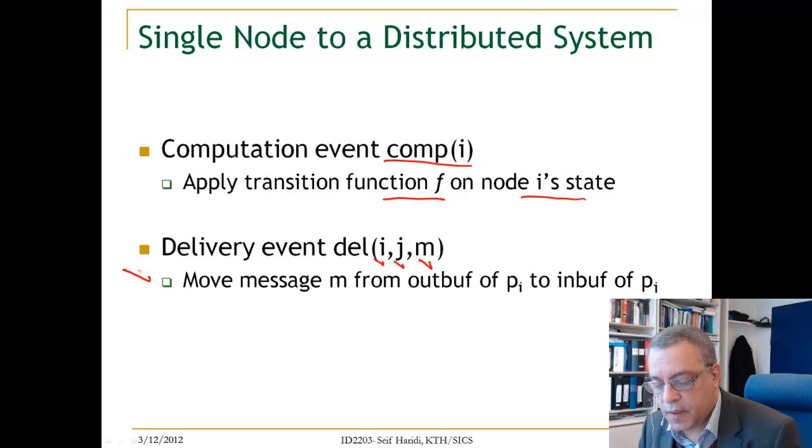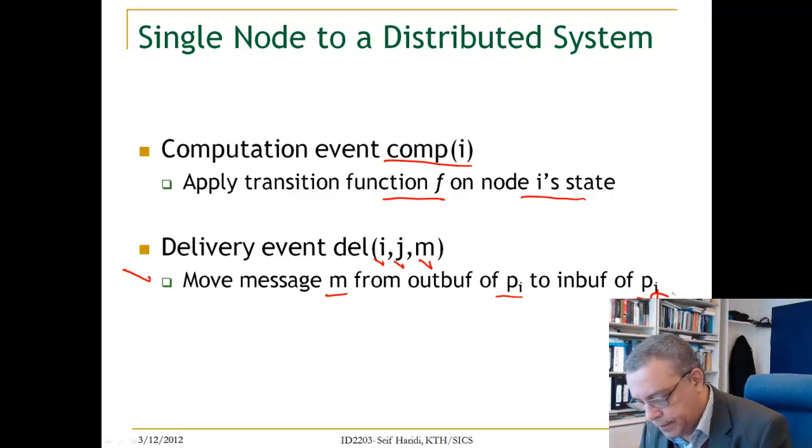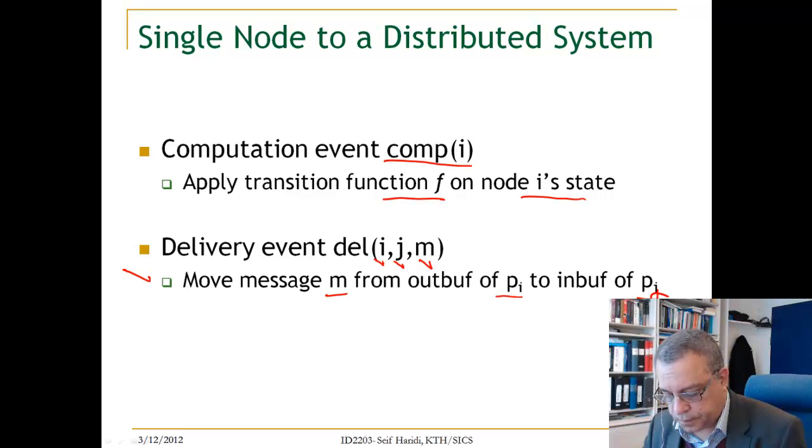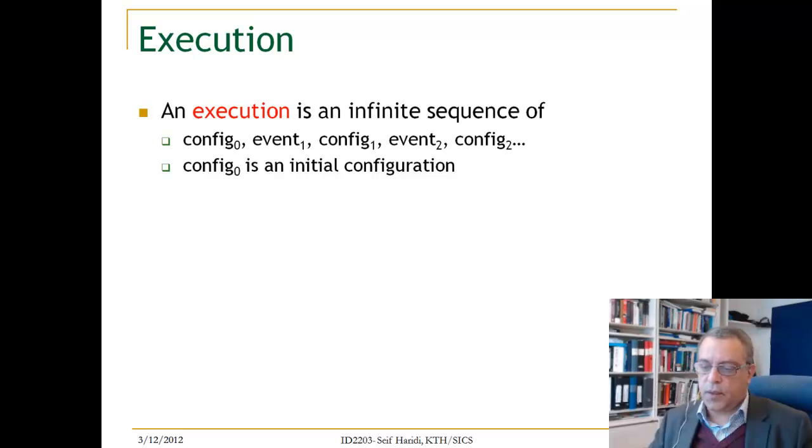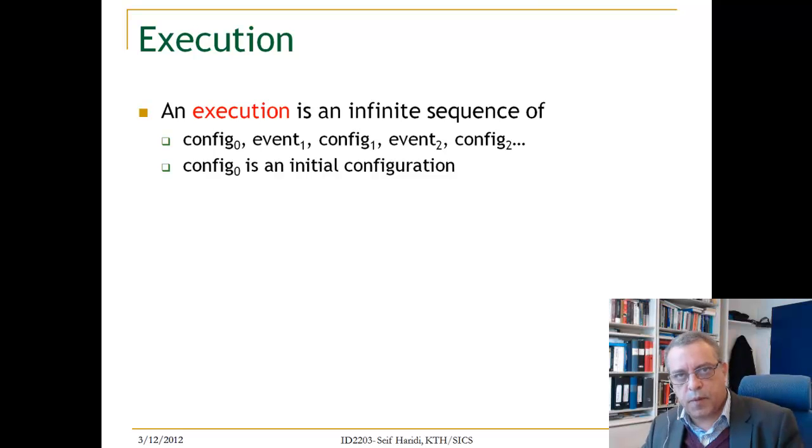We move the message m from the output buffer of node i and put it into the input buffer of node j. So now we know what are the possible events in the system. Computation events are performed by processes, or delivery events performed, you can say, by the network.